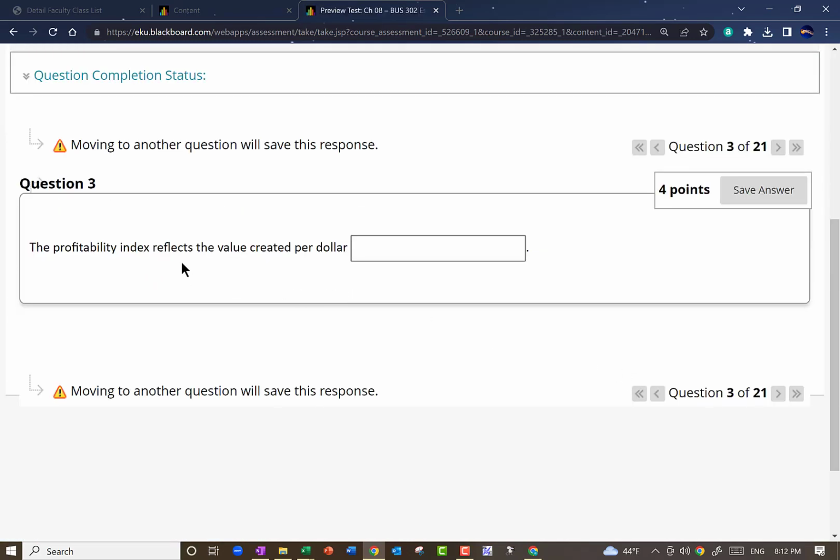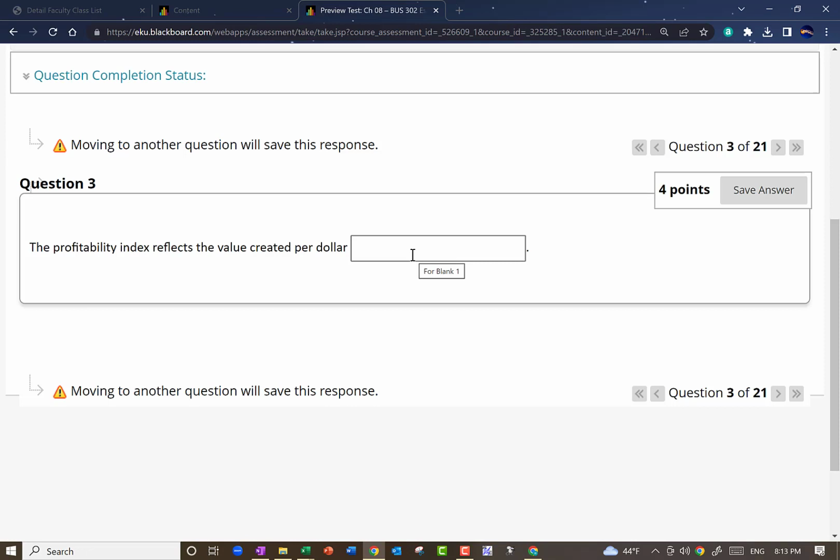The profitability index reflects the value created per dollar of what? Divided with what? Remember, it's 1 plus NPV divided with what?